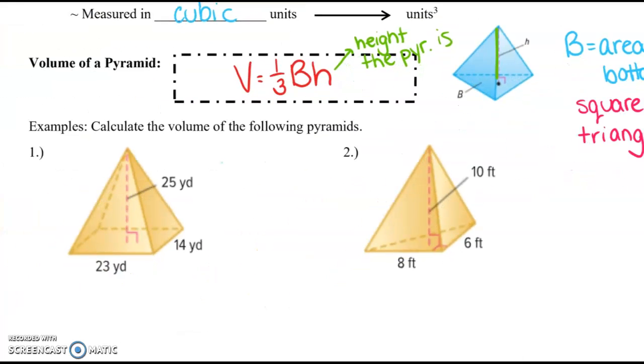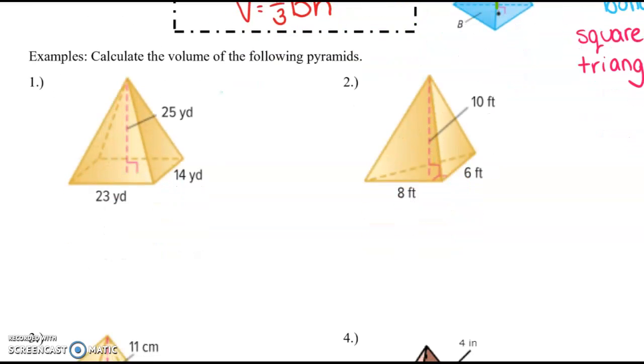We're going to bounce back and forth because your big B is going to depend on what the shape is. Looking at the first one, my shape is a rectangle. I know it looks like a parallelogram because it's slanted, but that's just because they were trying to make this pyramid look 3D.